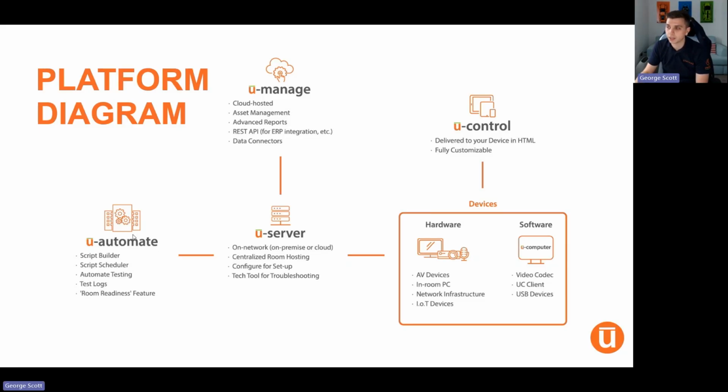The final piece on screen, and kind of our silver bullet, if you will, is our uAutomate piece. And I see this used in two ways. So firstly, power saving. We have the ability to schedule power saving scenarios. So for example, we can turn devices on in the morning, off at night, but be a bit smarter than maybe the typical power saving that's been done in the past.